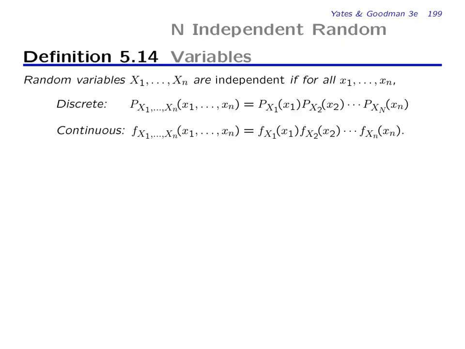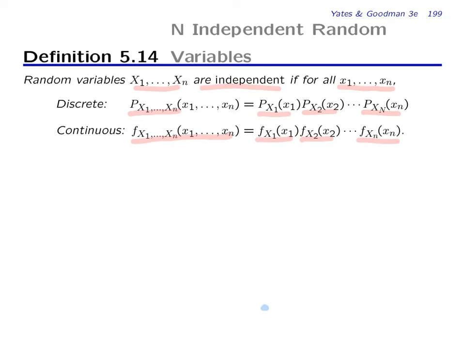The idea of independence also generalizes in the natural way that you would expect. The random variables x1 through xn are independent if, for all possible values x1 through xn, the joint PMF in the discrete case factors into the product of marginals, or the joint PDF in the continuous case factors into the product of marginal PDFs.